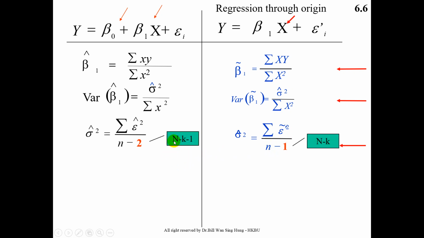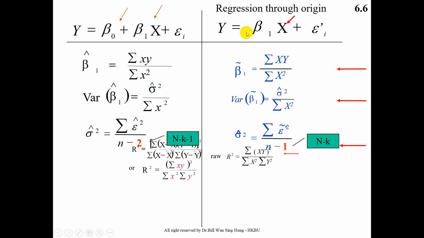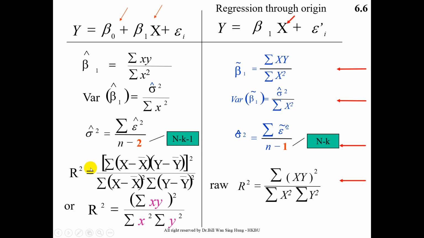Here the degrees of freedom are n minus k minus 1, where here the degrees of freedom are only n minus k because there is no intercept. And this is r squared, and this is r squared here. Here these are in deviation form, but these are not in deviation form.